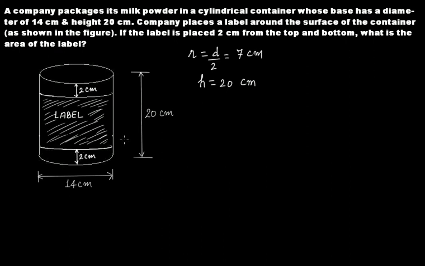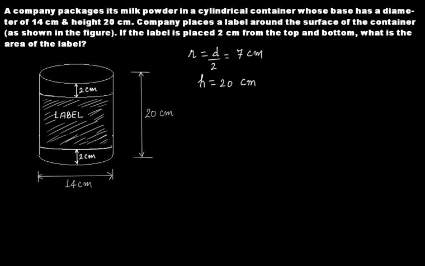It means that the label is of the shape of a round surface only. It will be a shape of cylinder only, whose diameter and radius are going to be the same. The only difference will be in the height of the cylinder now. How? 2 centimeter from top and 2 centimeter from bottom. From here up to here it is 20 centimeter.